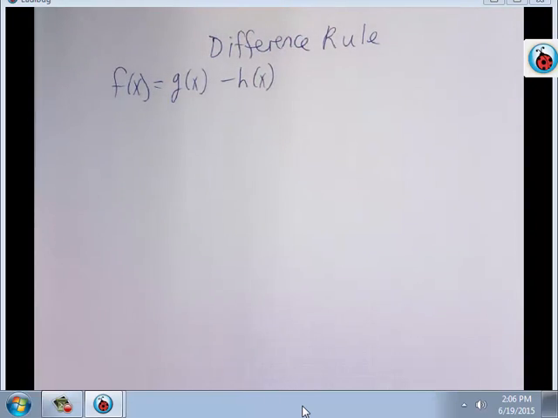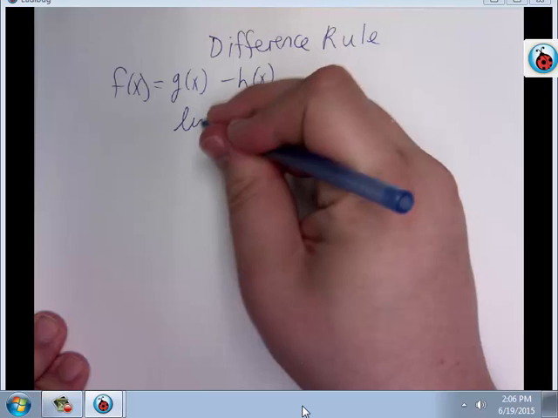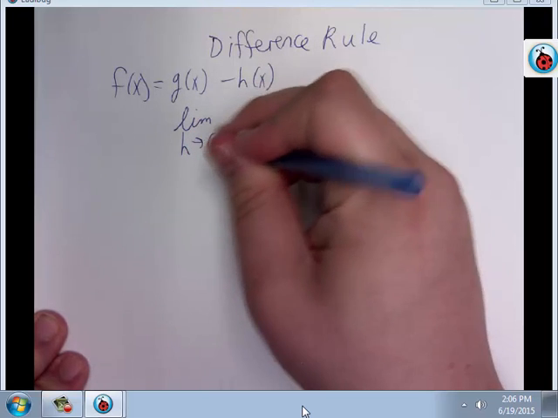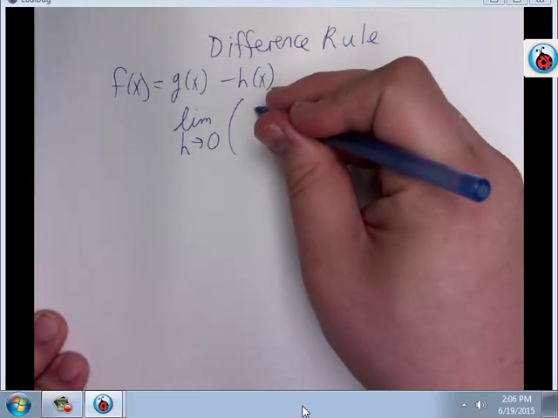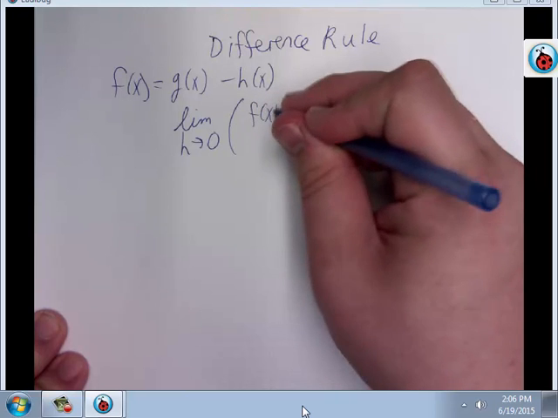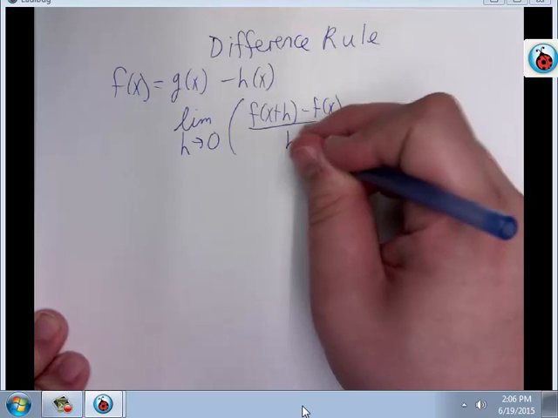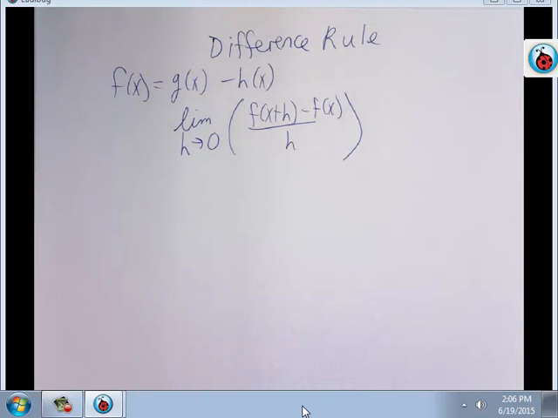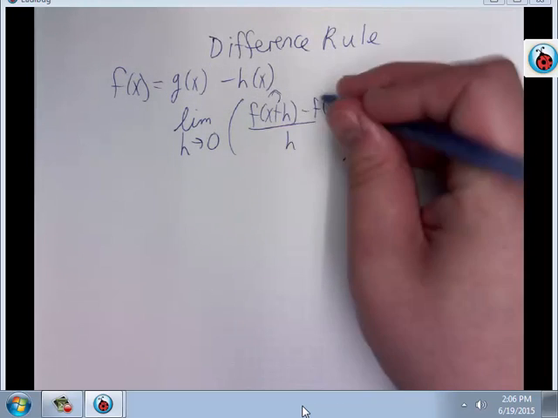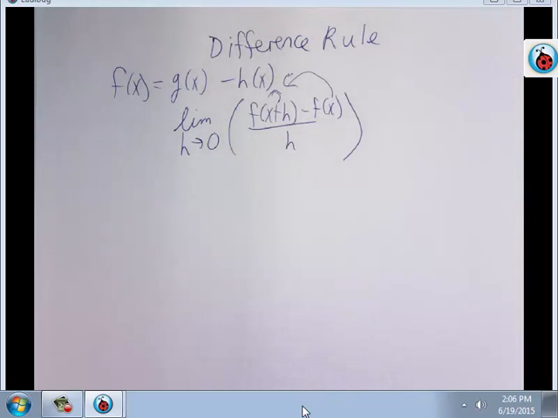Now, based off the last rule, you might have an idea of what this could be. But let's go through trying to prove it to be on the safe side. All right, we still are using this definition. And just like before, we're going to put both of these into up there.